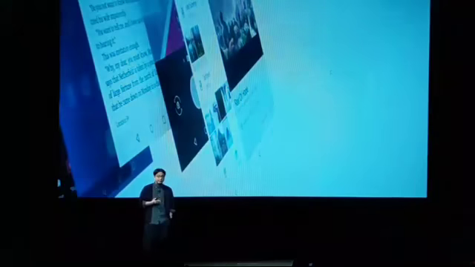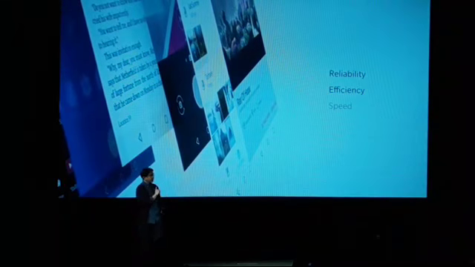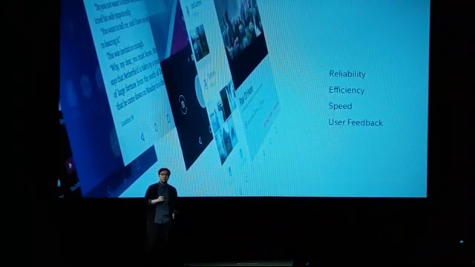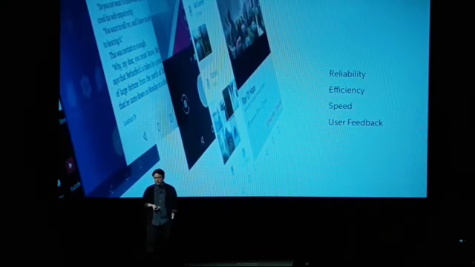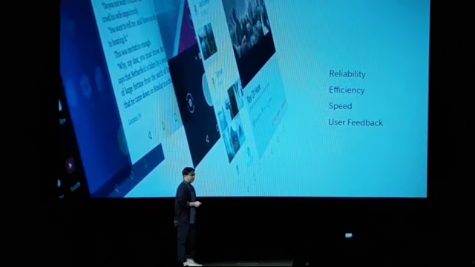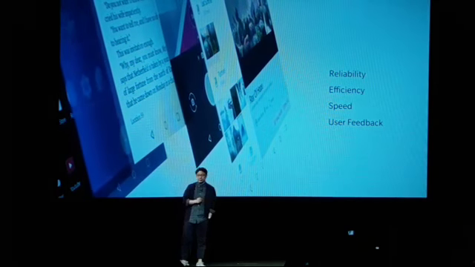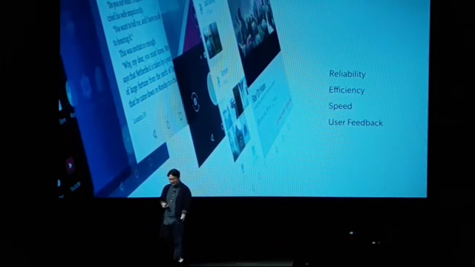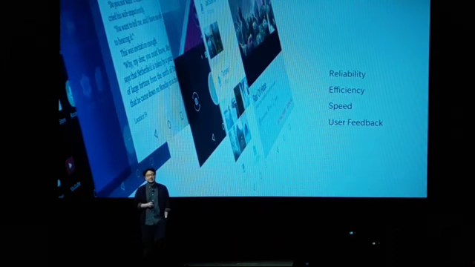So we set out to refine the experience by focusing on the four key pillars that define Oxygen OS as an operating system. The first one is reliability, efficiency and speed. The last one is user feedback. Many of the features we introduced first were later added to major Android updates.